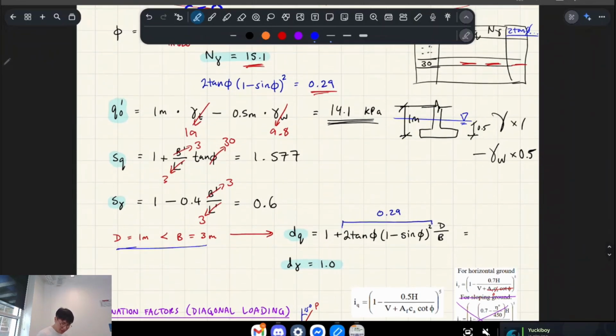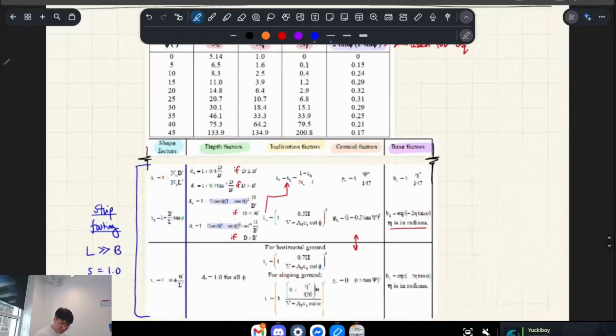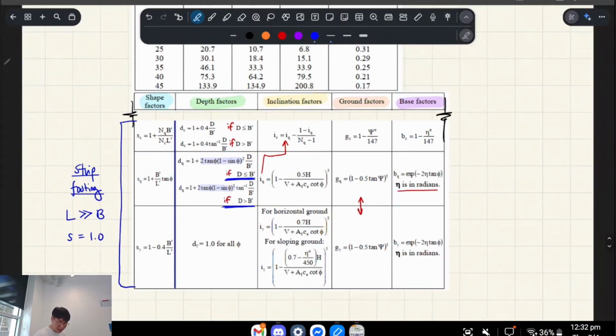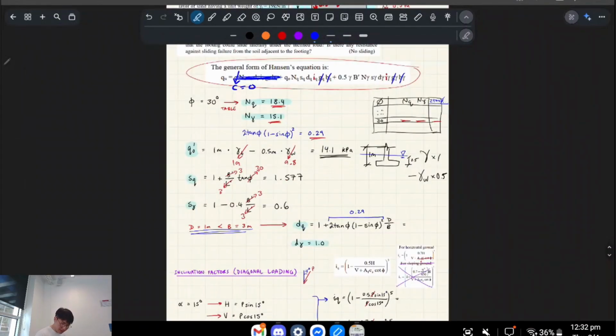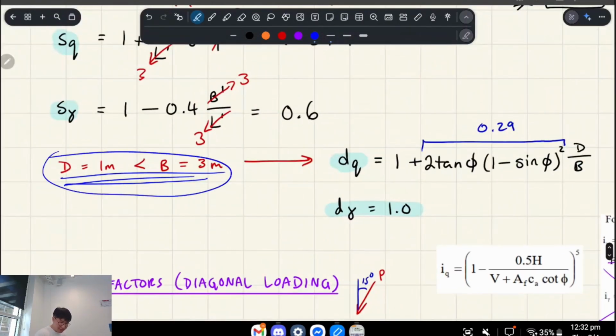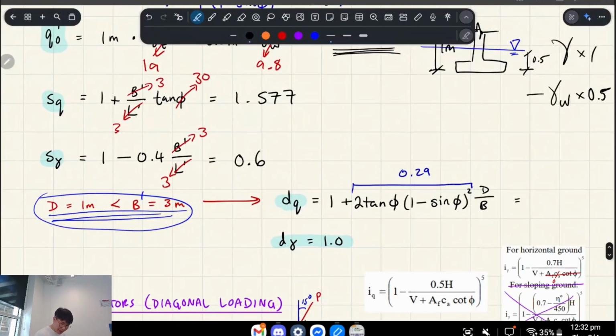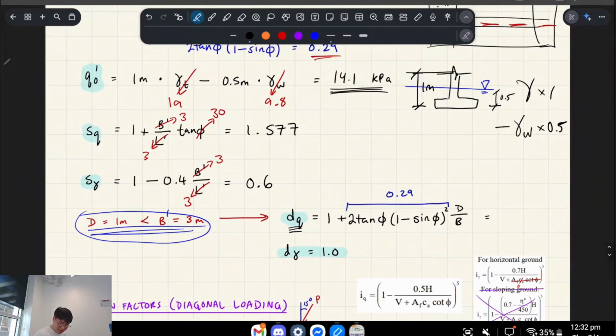So, remember, to get DQ, we have two formulas, right? We have to check whether the depth is less than or equal to the effective width or greater than. So here we've seen that depth is less than the effective width, right? And so we're using this formula for DQ.